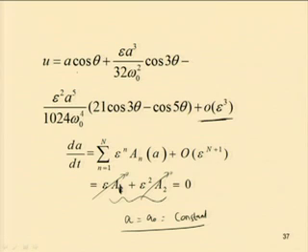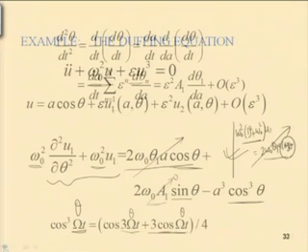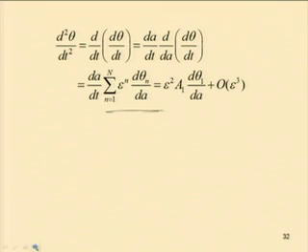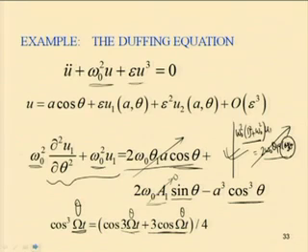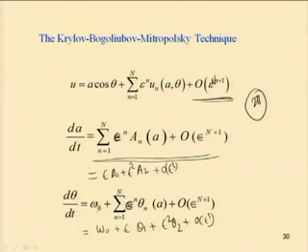Similarly, now for theta, we can write d theta by dt equal to omega 0 plus epsilon theta 1 plus epsilon squared theta 2 plus higher order terms.